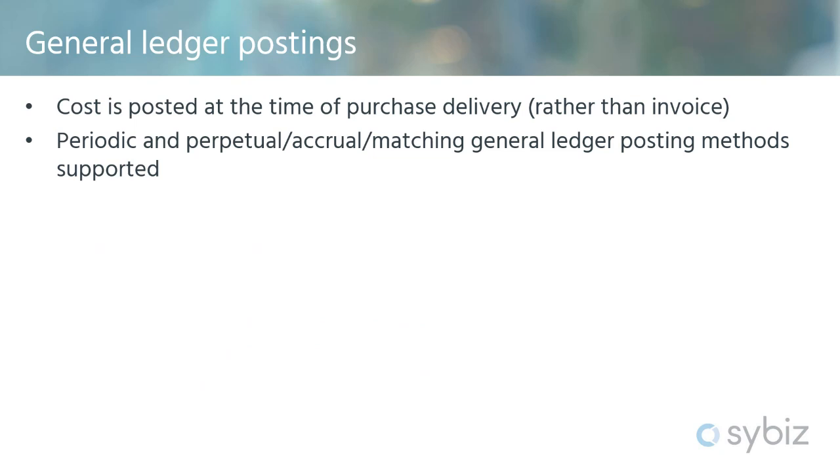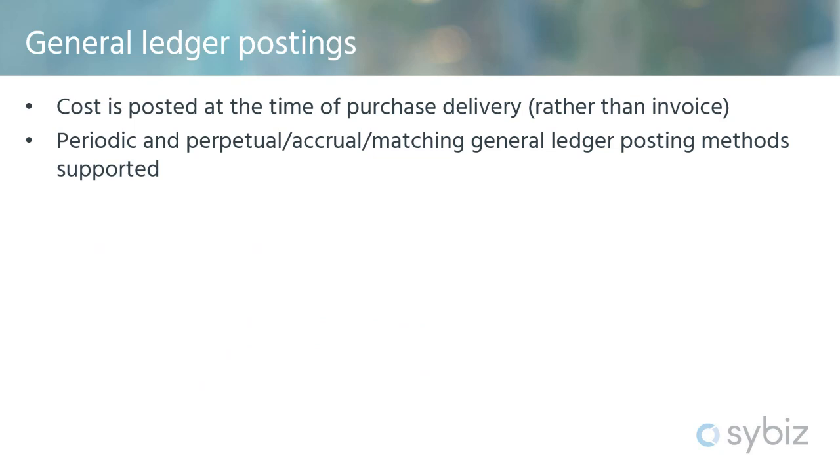And from a general ledger postings point of view, you do have the periodic method, and also, depending on where you sit in the organisation, there are interchangeable terms where you've got your perpetual stock system as well, which equates to the accrual, or matching, as another word for it.